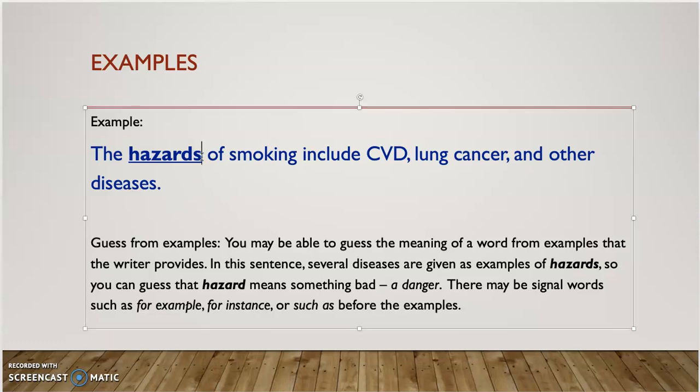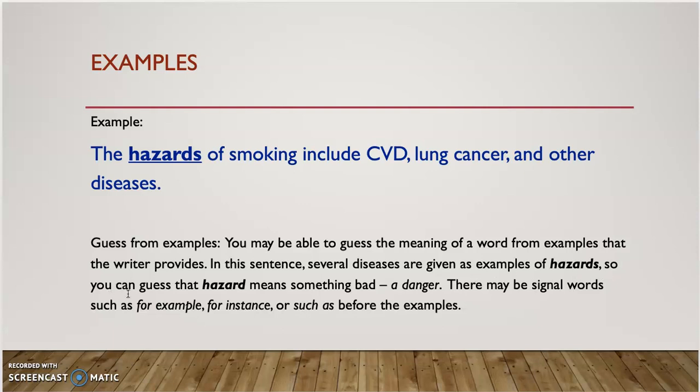If we don't know what hazard means, but we do know that the examples of a hazard are cardiovascular disease or lung cancer or another disease, so you can guess from these examples what hazard means. You may be able to guess the meaning of a word from examples that the writer provides. In this sentence, several diseases are given as examples of hazards.